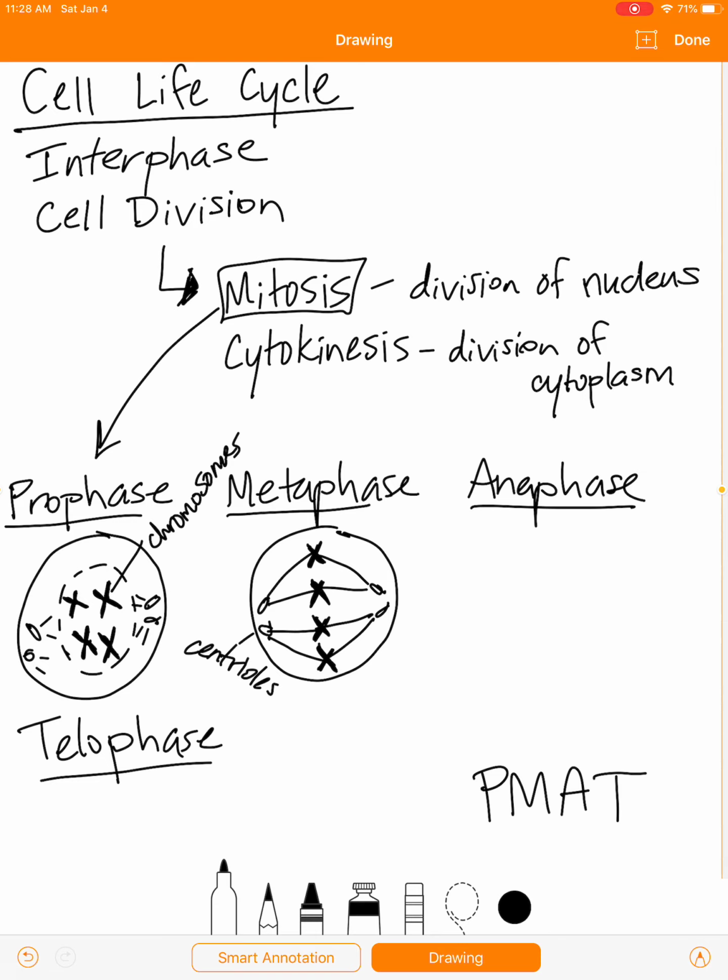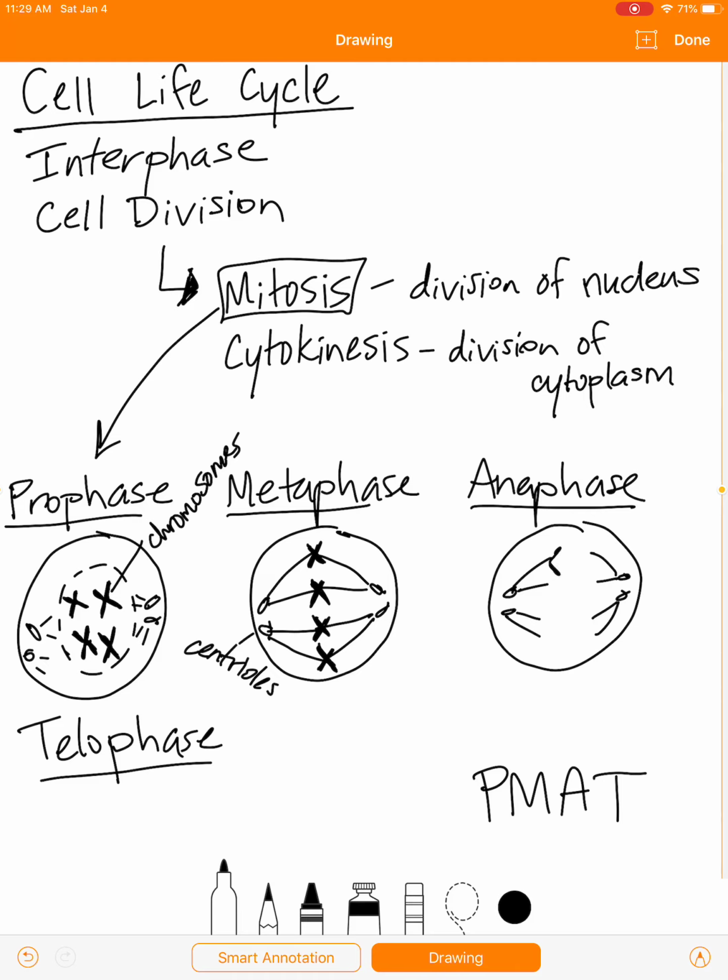Those spindle fibers will attach to the chromosomes lined up along the equator, and the spindle fibers will start to shorten and pull on the sister chromatids of the chromosomes. And during anaphase, you will start to see those sister chromatids separating from one another.